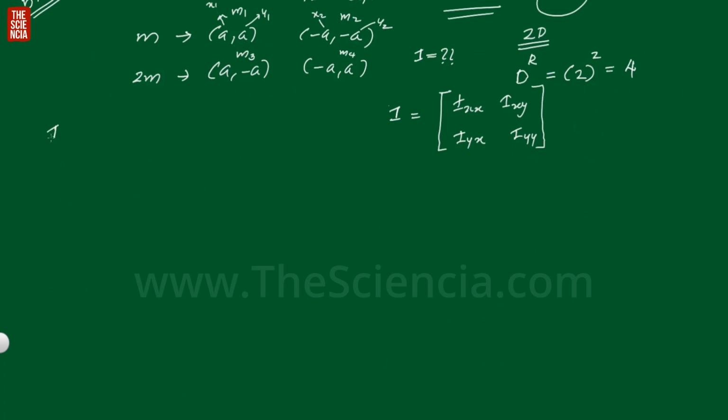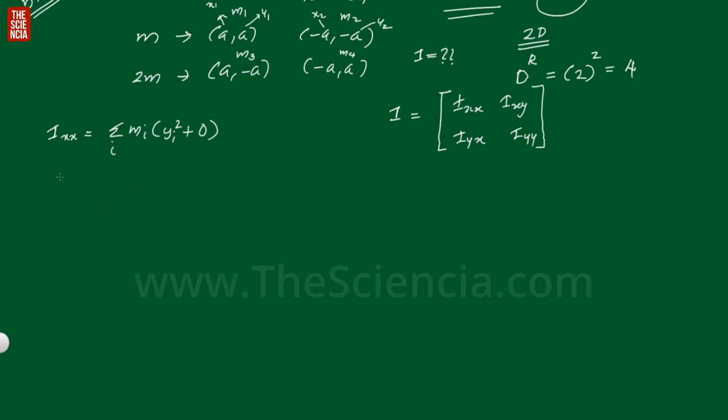What is Ixx? I told you Ixx equals summation over i of mi times (yi square plus zi square). But here there is no z coordinate, so this term will be 0.